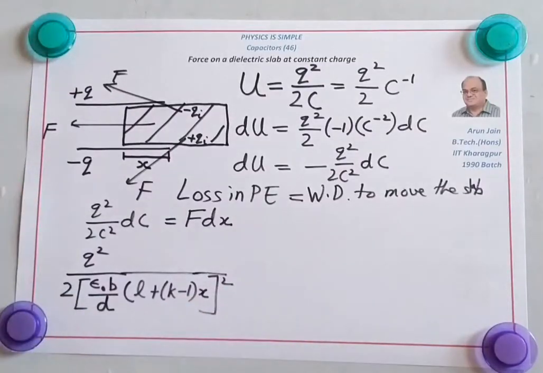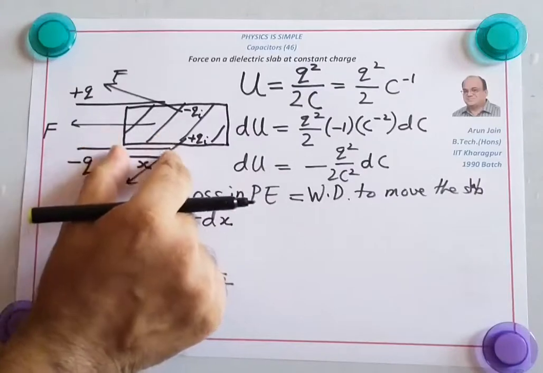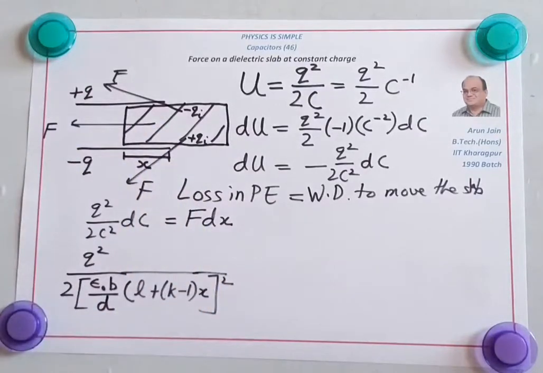B is the breadth of the capacitor plates. L is the length of the capacitor plates, that is the same as the length of the dielectric. K is the dielectric constant. D is the distance between the plates. And X is the length of the dielectric inside the capacitor at this point of time.